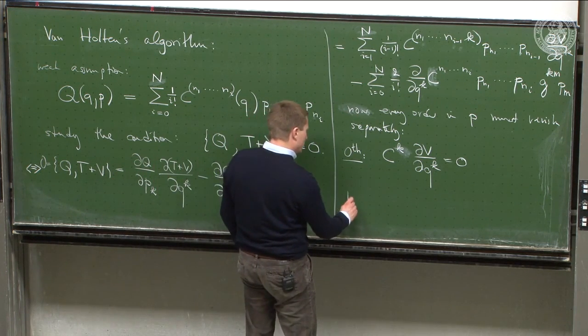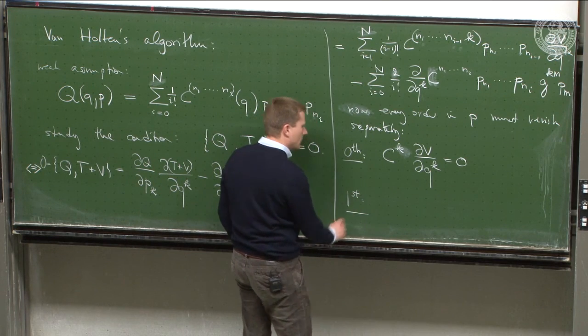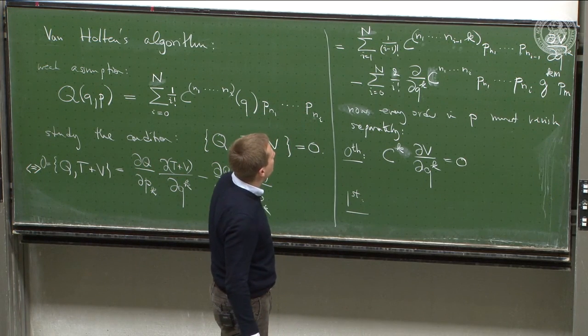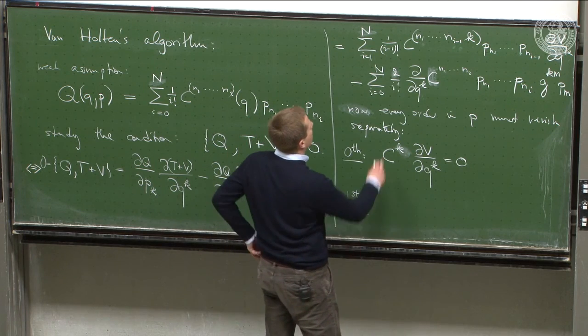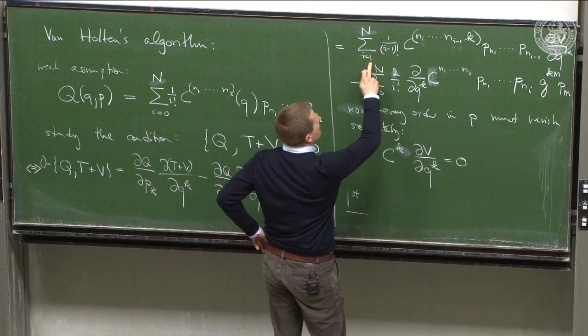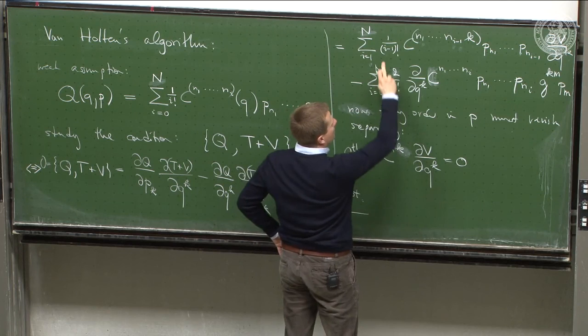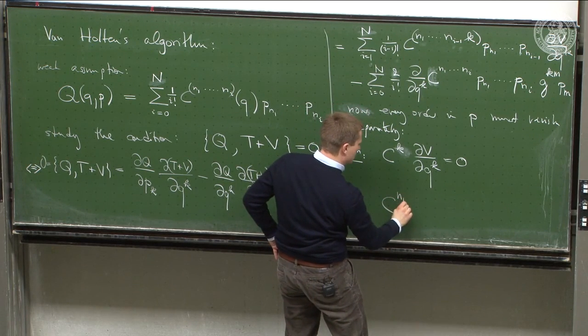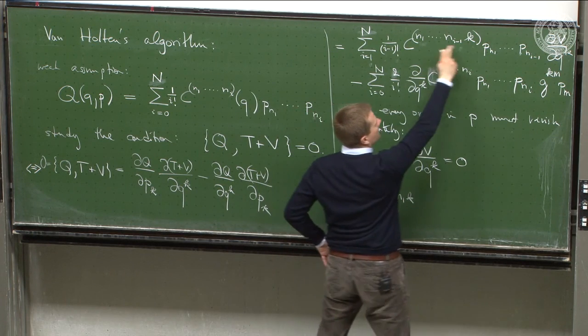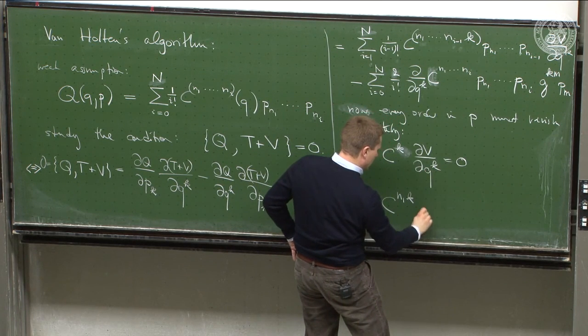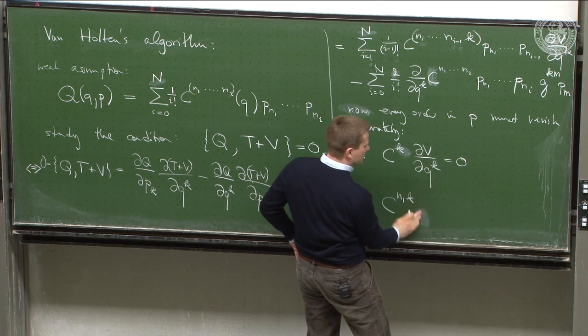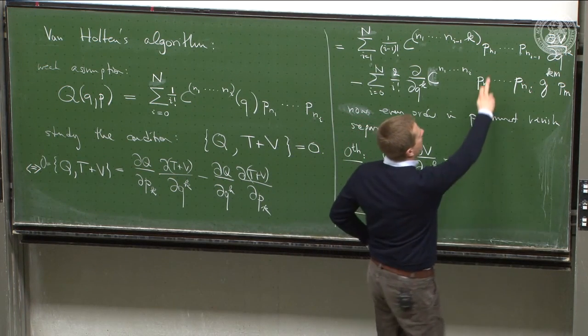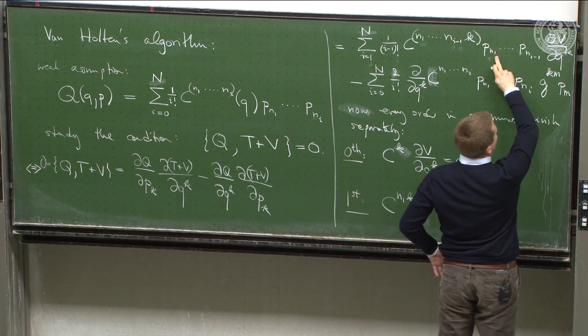Now let's write down the first order equation to get some familiarity with this. The first order one is obviously the one where I equals 2. So it's 1 over 1 factorial. I equals 2, so I have a c n1 k. There is a p n1. Well, but that's the factor we wanted to leave out. There's 1 p, labeled n1.